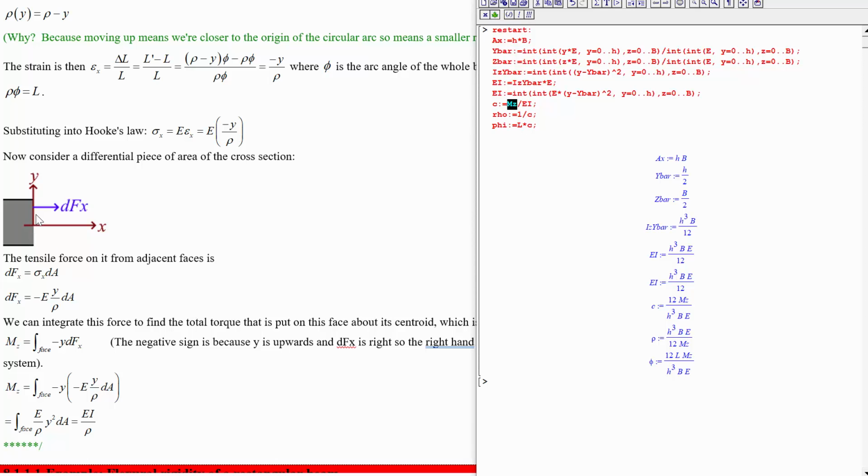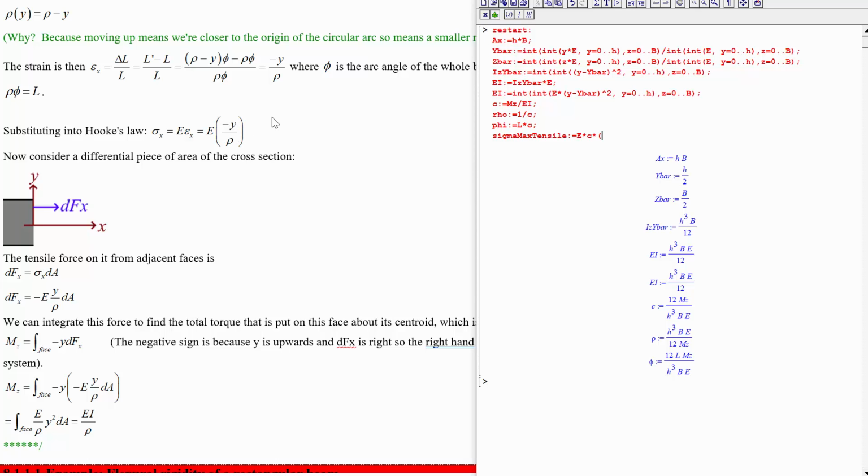Then the maximum compressive stress is going to be at the top, and the maximum tensile one will be at the bottom. So we can say sigma max tensile is equal to, looking at this, the stiffness, E, times 1 over the radius, which is times C, multiplied by the largest we could make negative y.